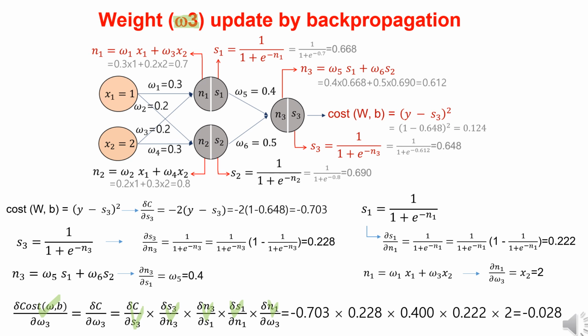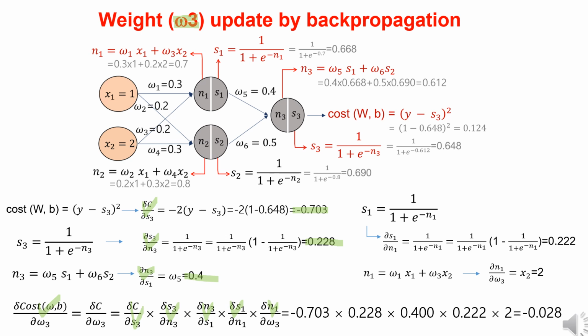The partial derivative of the cost function with respect to S3 is negative 0.703. The partial derivative of S3 with respect to N3 is 0.228. The partial derivative of N3 with respect to S1 is 0.4.